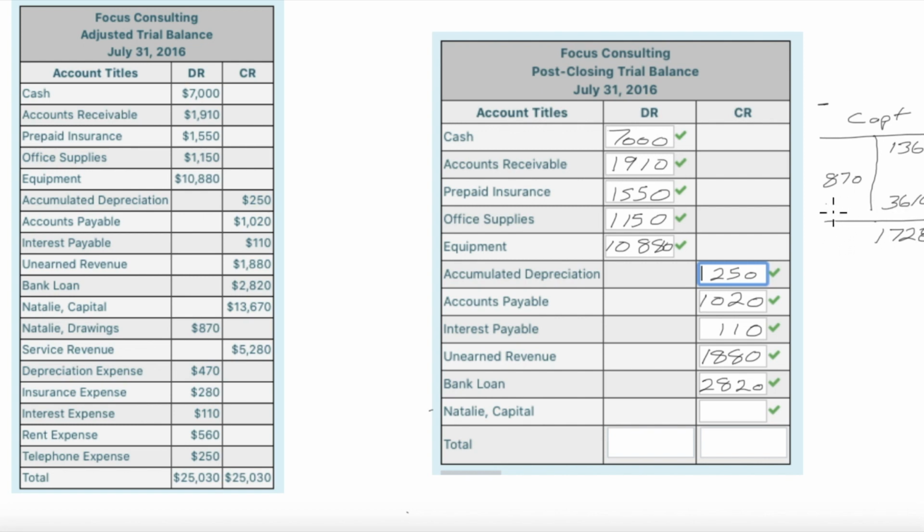So all we need to do now is subtract 17,280, the difference we need to add these two numbers up, minus 870. And that will give us 16,410. Yes. So that would be the amount that would go here.